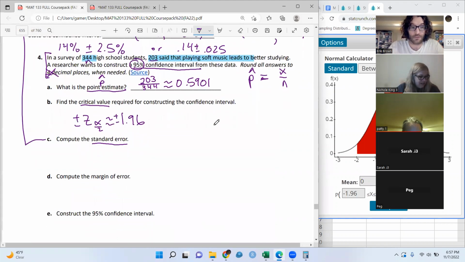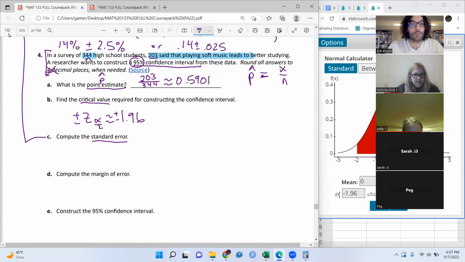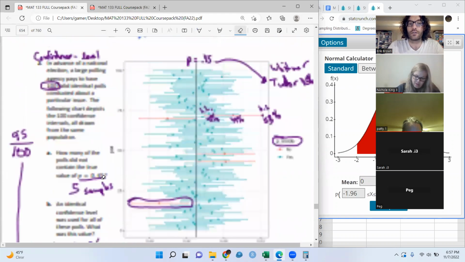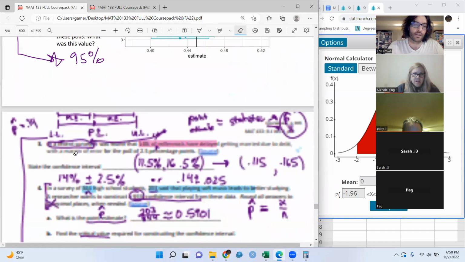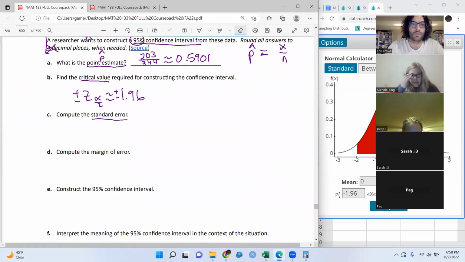I'm going to write the formula down, and then I'm going to keep my mouth shut for a little while, and see if you can compute the standard error and the margin of error. If you think you're stuck on D, look at what you did for number 1.